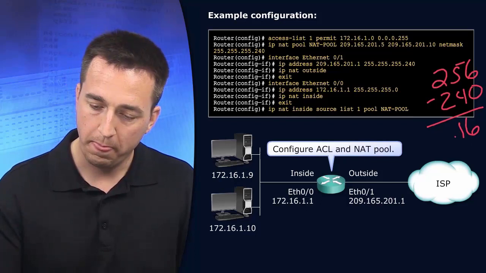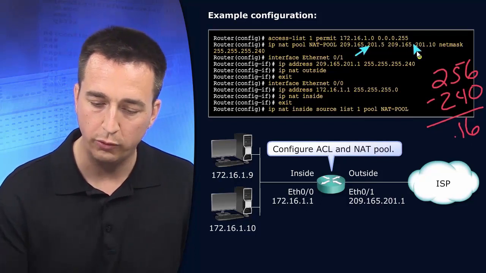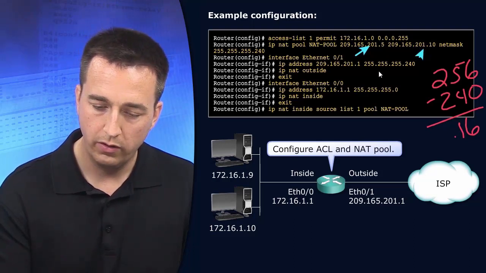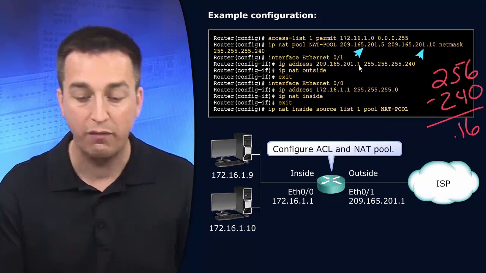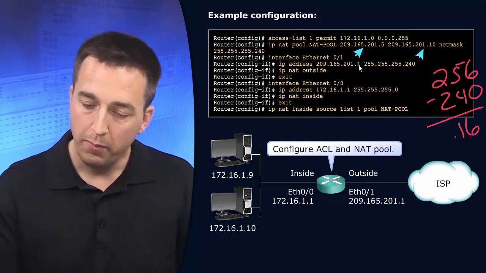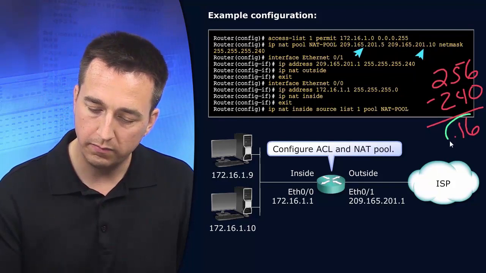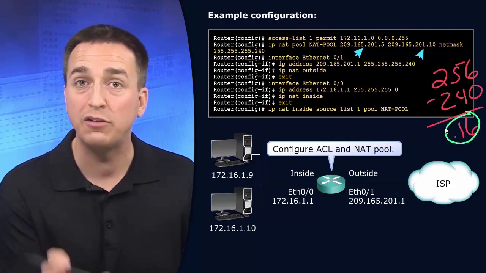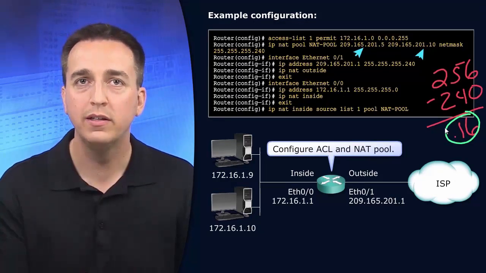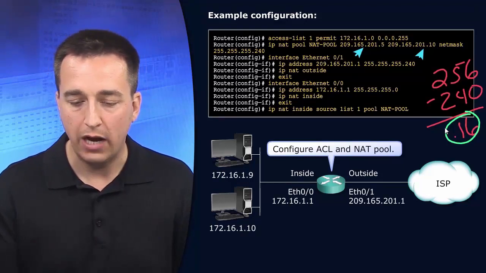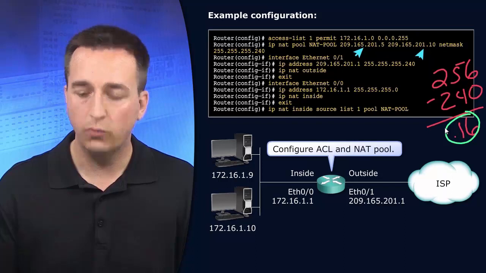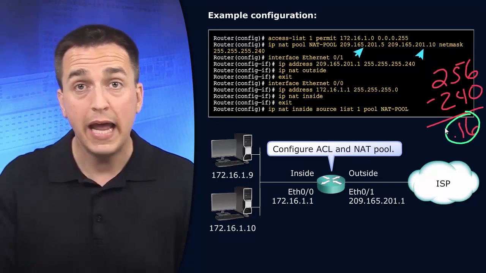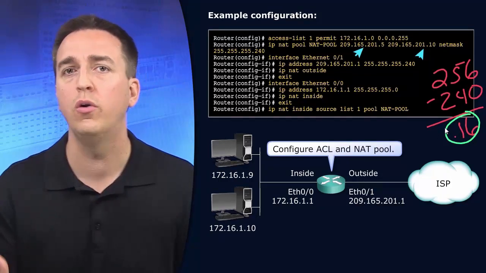Now, if you look here at the addresses defined in the pool, what do we have? We have 209.165.201.5 through 209.165.201.10. Based on this value right here, 16, the router is going to determine whether this address range is legitimate. So what it's deciding now is, what are the subnet IDs? Well, the first subnet ID would be 209.165.201.0. The next subnet ID would be 209.165.201.16.